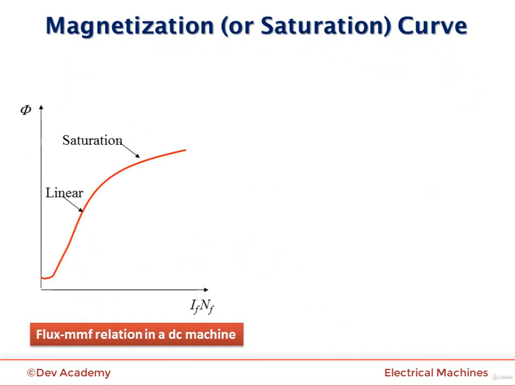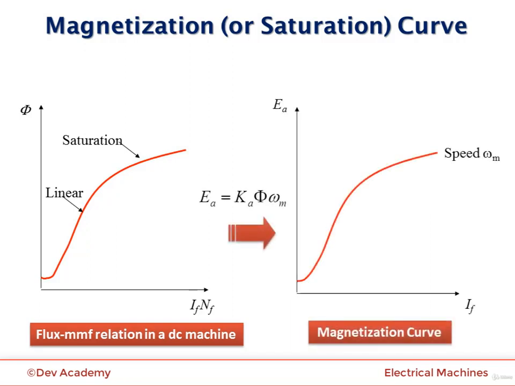Now let us recall the magnetization curve, or what is called the BH curve of the magnetic circuit that we have studied in chapter 1. The magnetic flux and MMF relation of a DC machine is also a nonlinear function. Hence, when we vary the field current, the flux will vary according to the iron core magnetization curve.